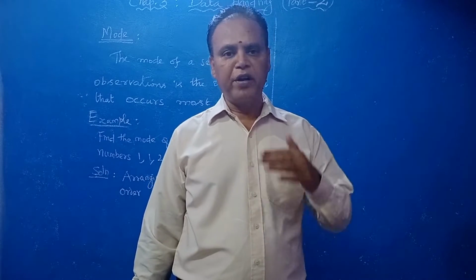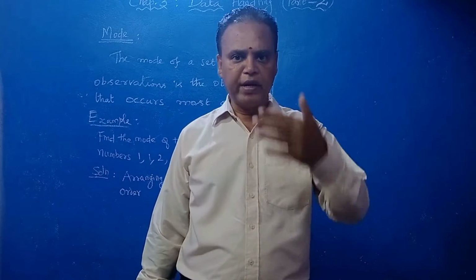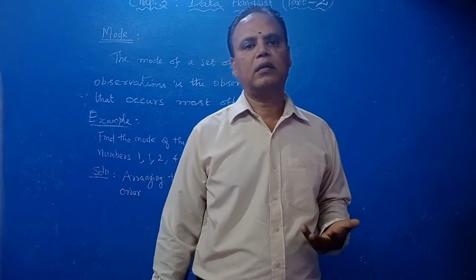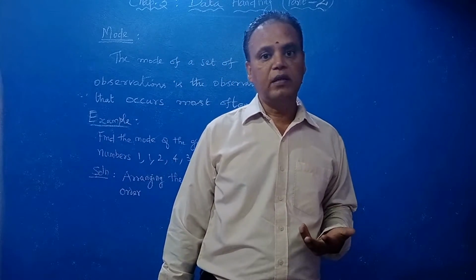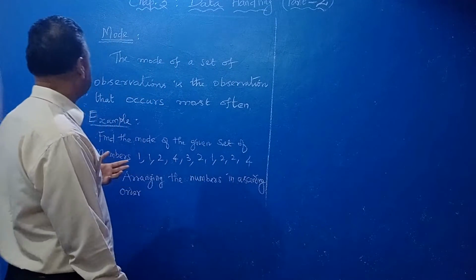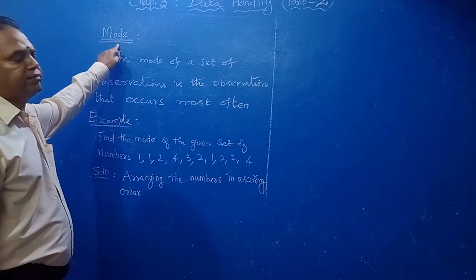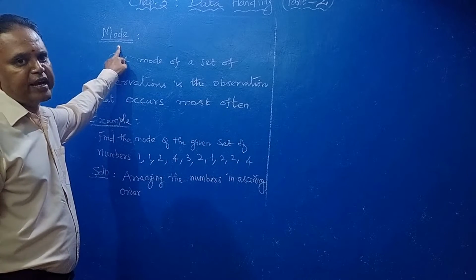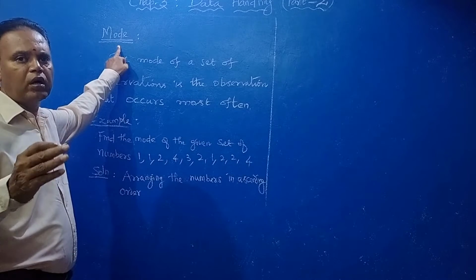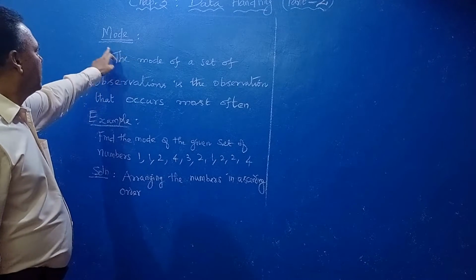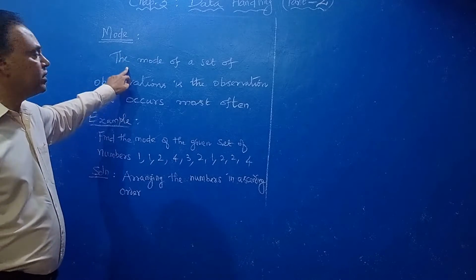Here, mean is not the only measure of central tendency. For different requirements of data, we have to use other measures of central tendency. One of them is mode. Another one is median. Already I told you: mean, median, mode are measures of central tendency. Now what is mode? We will see the definition.